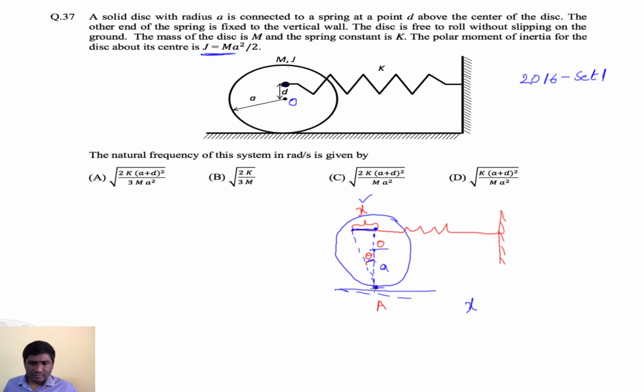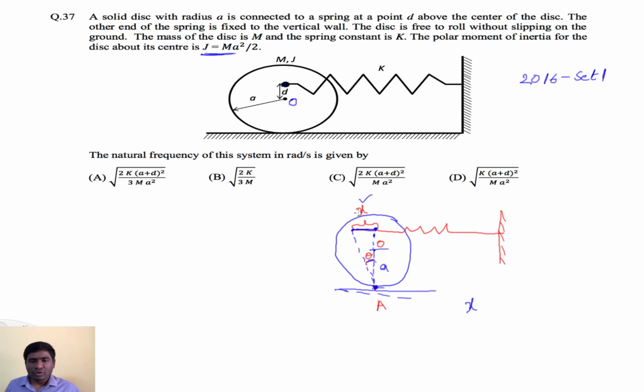If you observe this point A, at this instant the velocity at the point A is 0. Why? Because this is a pure rotational motion. We have already seen this concept when we dealt with the velocity analysis. So here the velocity at point A is 0, and from this diagram again we can calculate x.